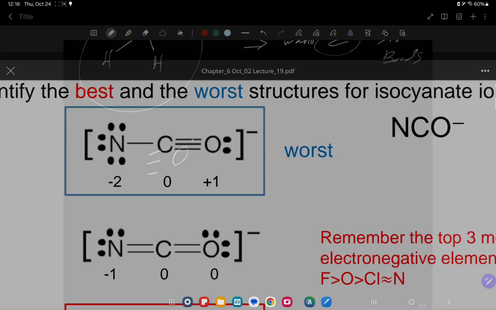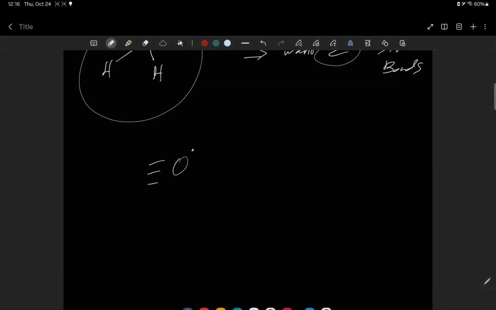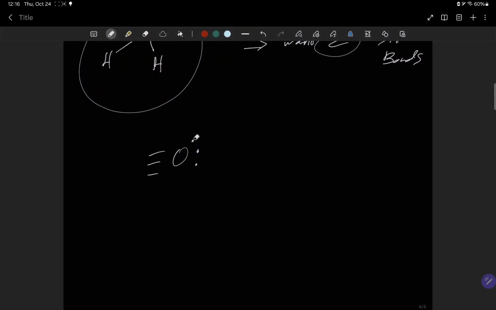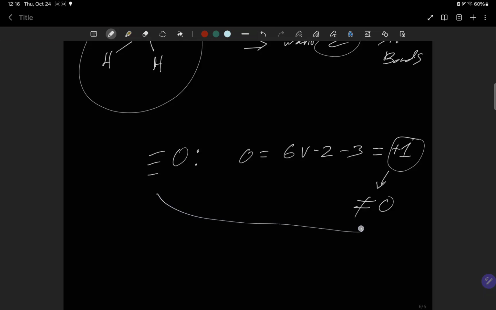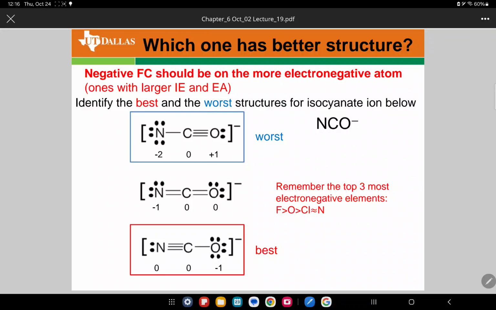Let me see. How did they write it out? 3, then 2 lone electrons. We have oxygen, 6 valence. We have 1 minus 2 unpaired, minus 1, 2, 3 bonds, equals plus 1 on the formal charge. So again, this not equal to 0, it doesn't like it. It's going to be a non-optimal structure.